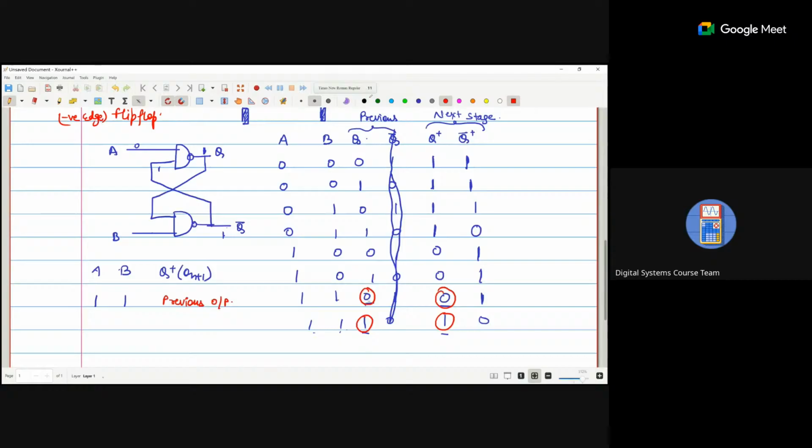Okay. Now, when we apply in this two situation, A is 1, B is 0. So you can check either the previous output is 0 or previous output is 1. Every time you are getting the same result.